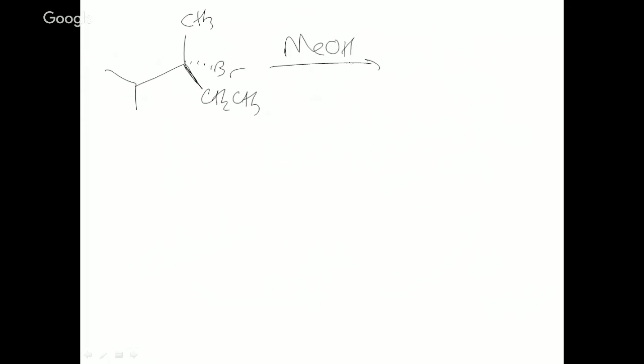So here, instead of water, we have methanol in excess. Again, we're using tertiaries to make it very clear. We're not getting SN2, so it's going to go through a carbocation. You're going to get two products here. So let's draw them both. OMe for methoxy. And then you get the other one.